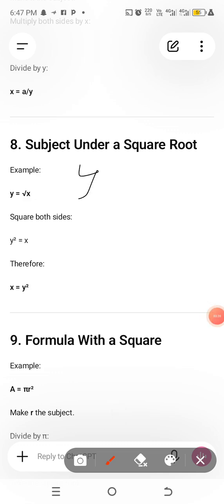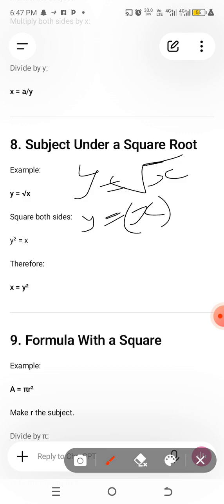Right, subject under a square root. When we have y equal to, I'm giving you all these examples so you do not miss any part. If you have y equals square root of x, according to the law of indices, it can also equate to either y equal to x raised to power half, or y square equal to x, either of the two.